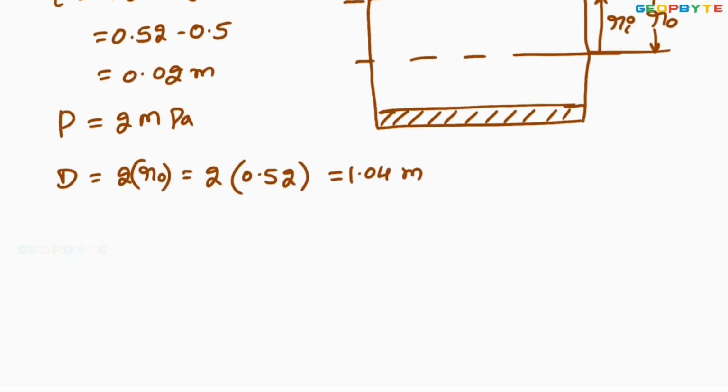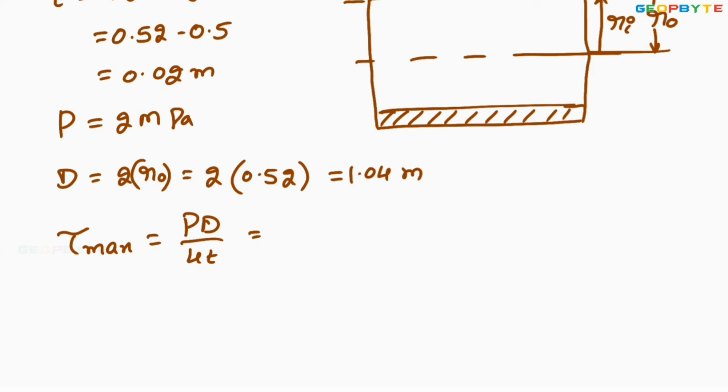Then the maximum shear stress tau max for a thin cylinder is PD by 4t. One minute. This is the outer diameter, capital D. This is the formula.